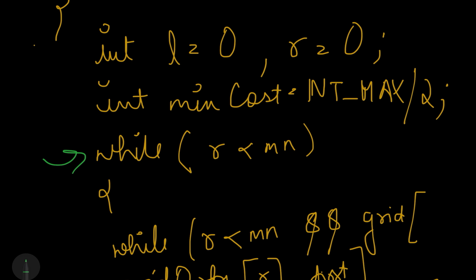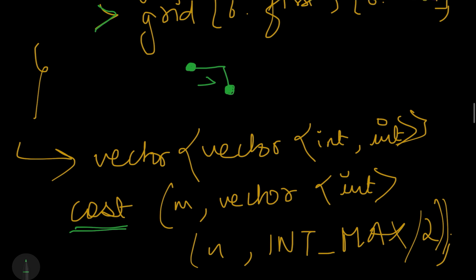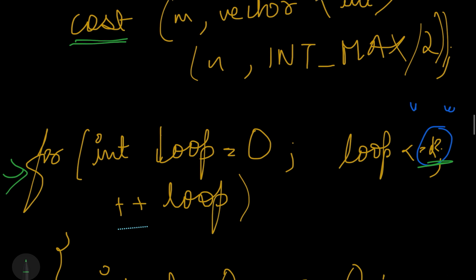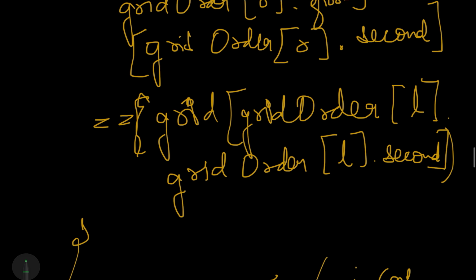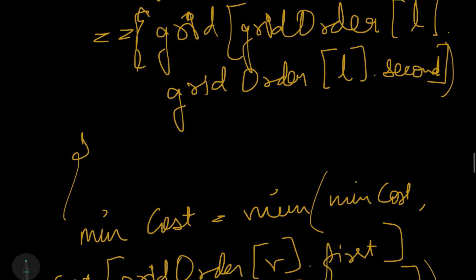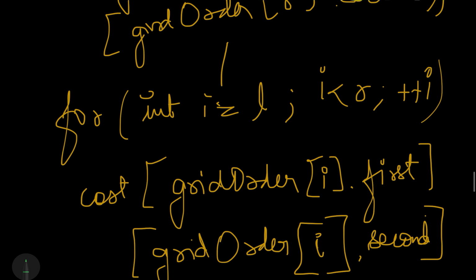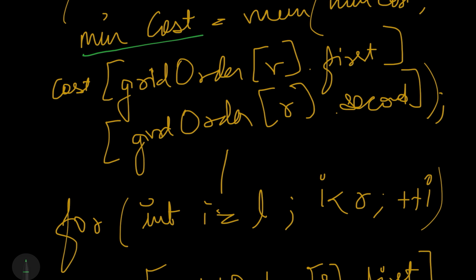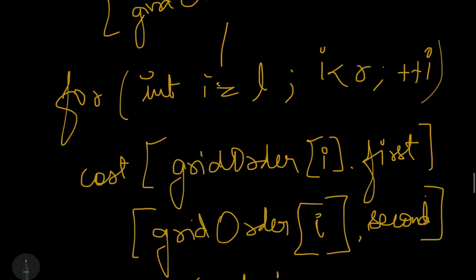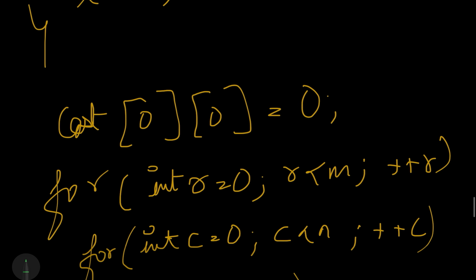We tried the teleportation moves first, from the big grid to the small grid, and we find the minimum cost of traversal through our teleportation logic.